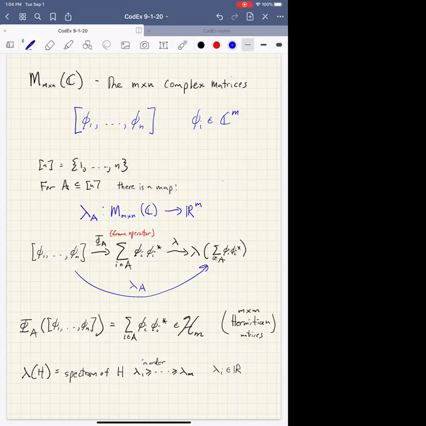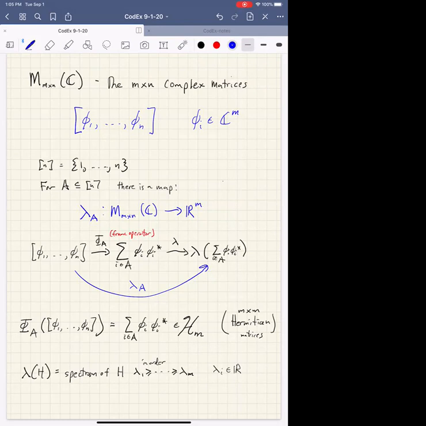This sum is over all of the columns in a specified index set A. What we get is an m by m Hermitian matrix, and we take the eigenvalues of that matrix and write them in decreasing order. That's the map lambda sub A: take an m by n matrix, make this Hermitian matrix, and then take its spectrum.